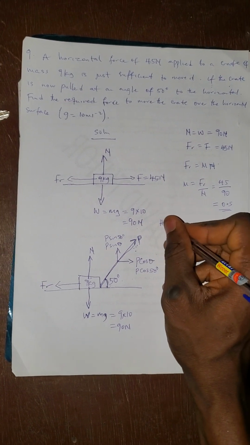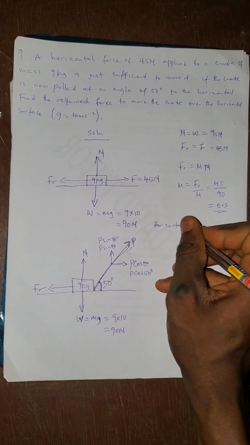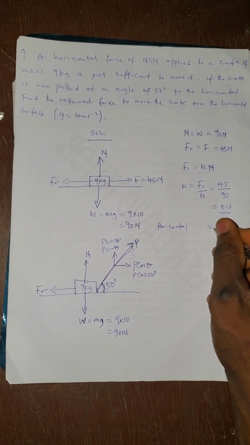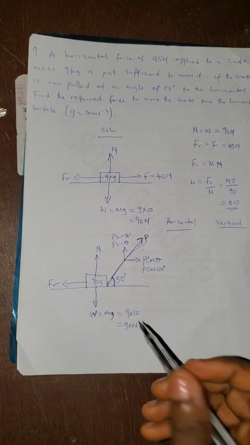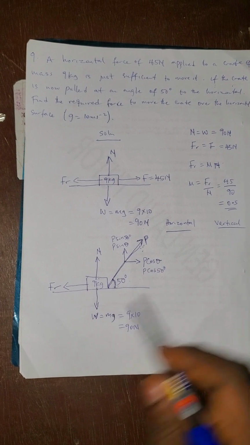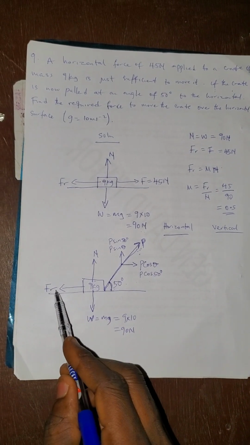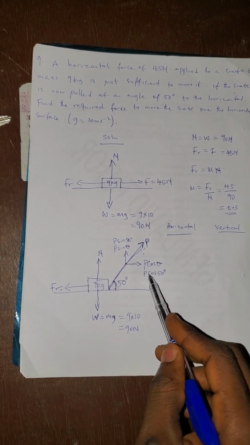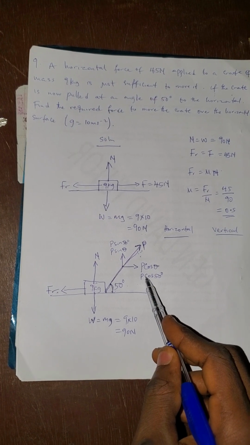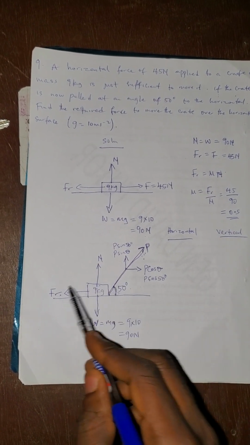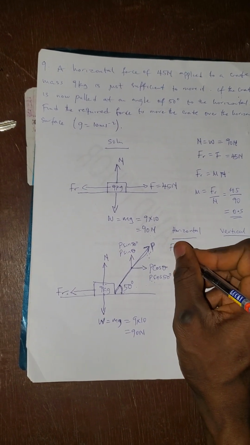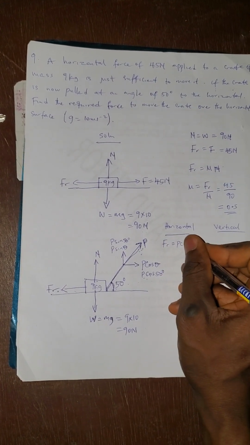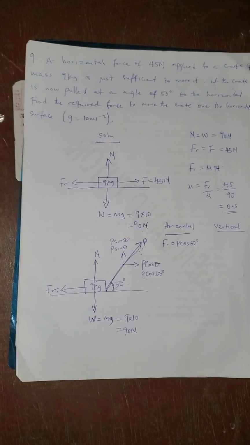We have to resolve this into horizontal and vertical, like the way we did for the previous one. If you check it, we have only two horizontal forces, in which Fr will be equal to P cos 50 degrees. That is the horizontal.